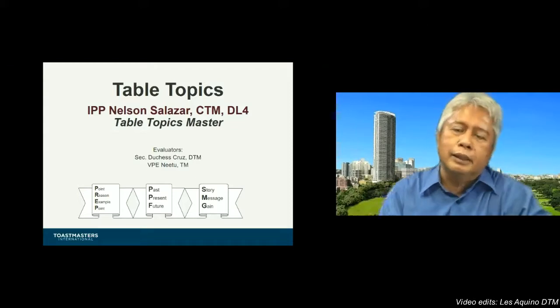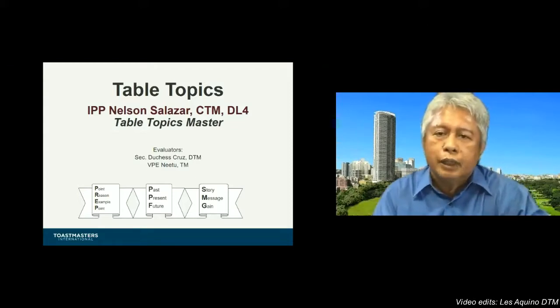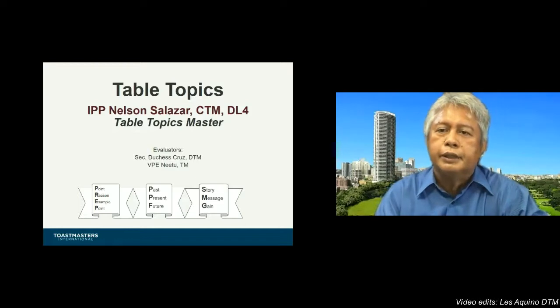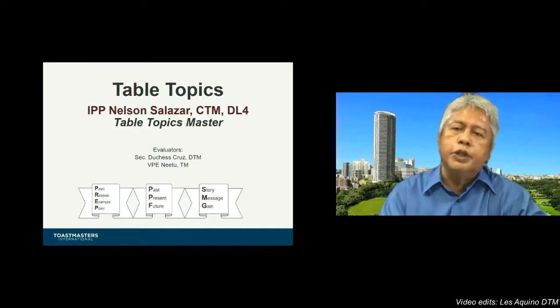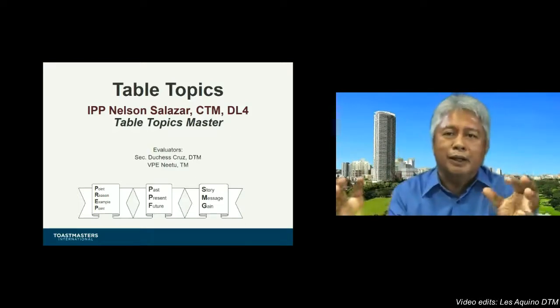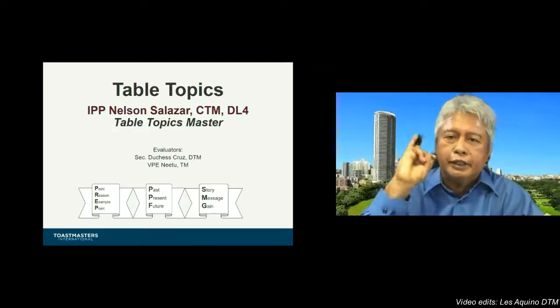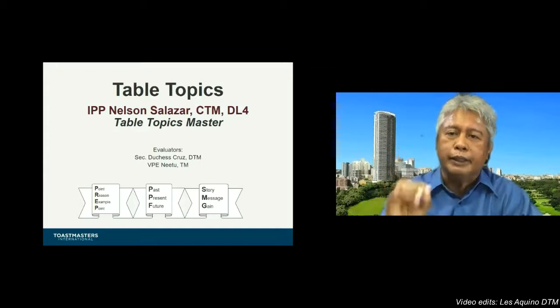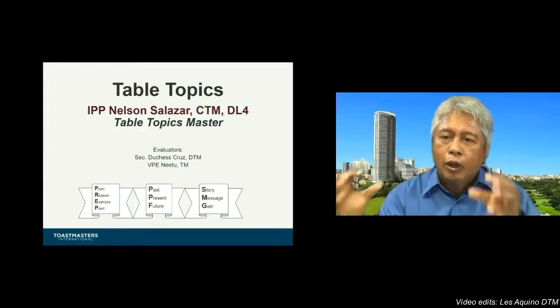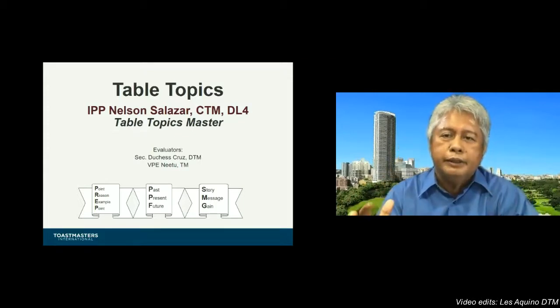Remember, a table topics question must be answered in 1 to 2 minutes. There is a timer in every Toastmasters meeting. When you see the green light, it means 1 minute has passed already. When there is the yellow light, it means 1.5 minutes have been consumed.